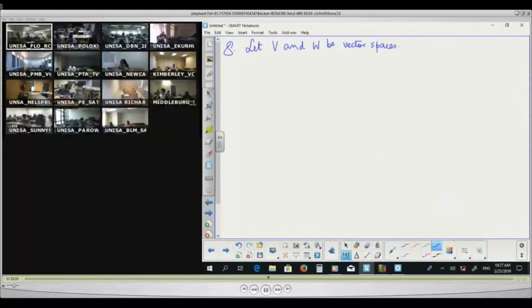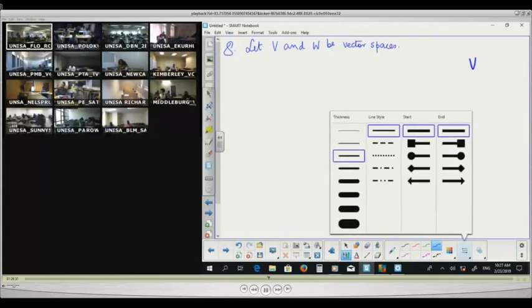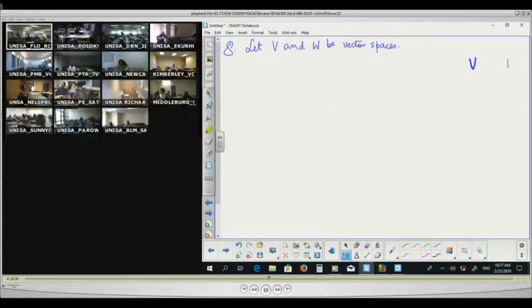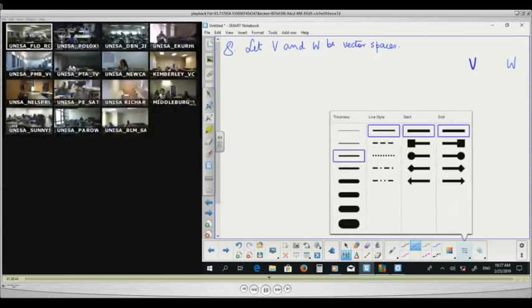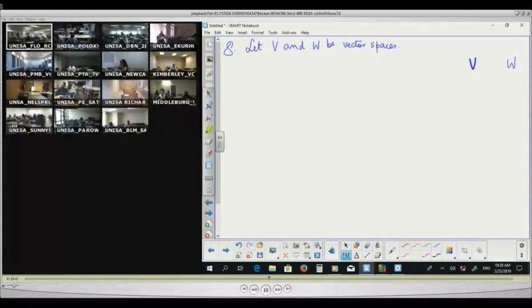Let me just draw the diagram of what I'm trying to do. So I have, and then I have several linear transformations.